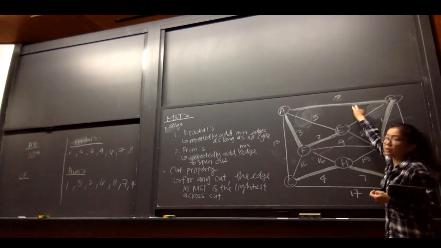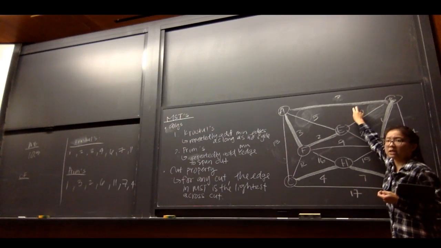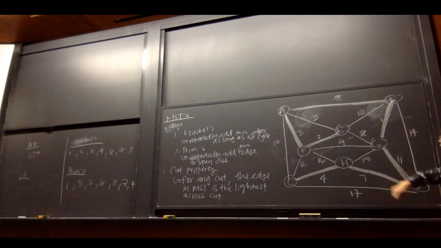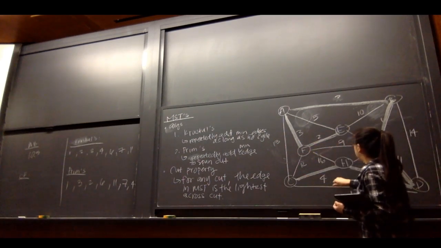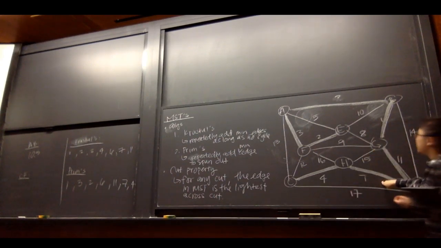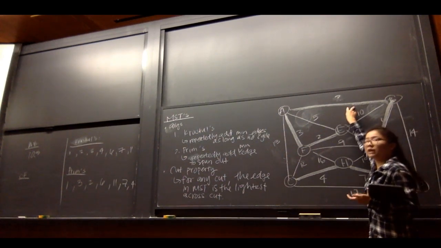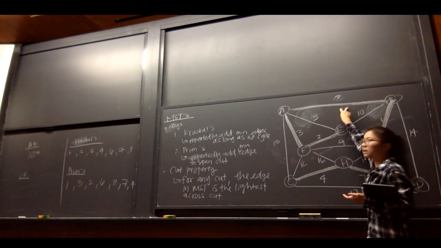If this edge were 4.5, would it be added to the MST? Yeah, because that's the next highest edge weight, and it would not create a cycle. What about 7.5? I would add 2, 3, 4, 7, and then again I would add it because it would not create a cycle.